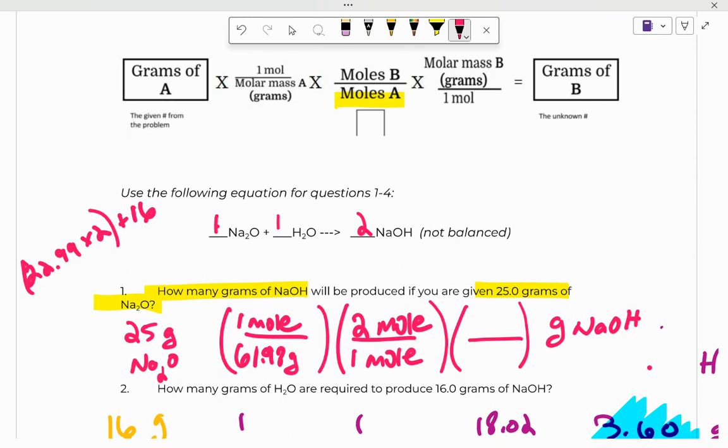Okay. What's the last bracket? 1 mole on the bottom. And then you got to add up 40. So Na, O, and H. So it's 22.99 plus 16 plus 1.01. Okay. See where I got that from?